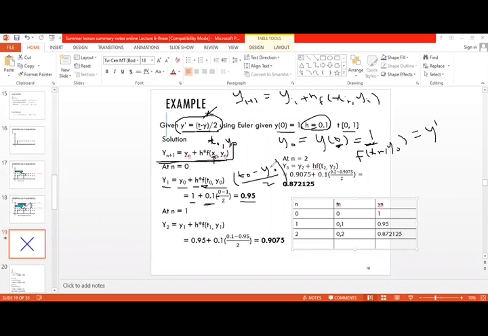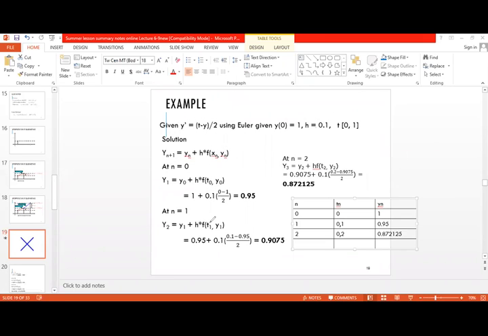So once you've obtained your first approximation, you move to the next step where n equals 1. If n equals 1, then the formula becomes y at n plus 1, so that will be y2, equals y1 plus h times f at t1, y1. Now y1, as we know, is 0.95.